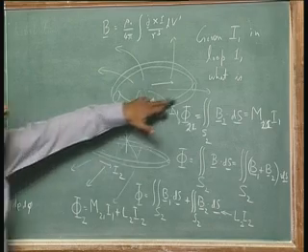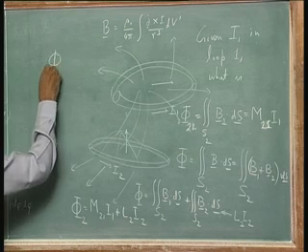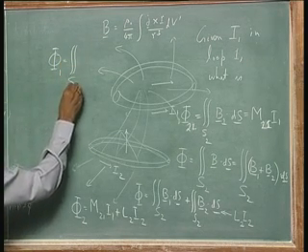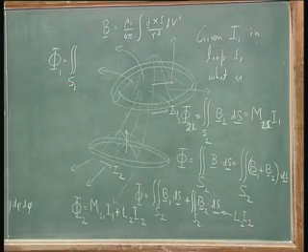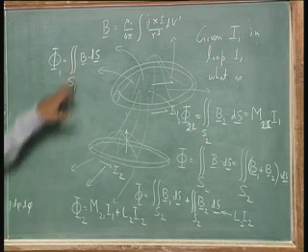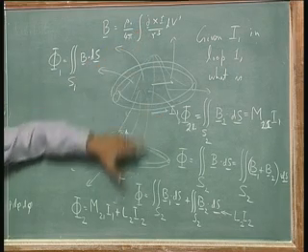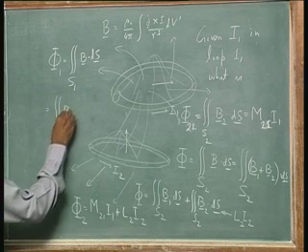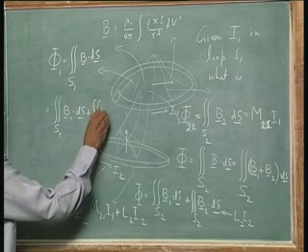Now, what is the situation with loop 1? Well, I can do the same thing. I can say the flux in loop 1 is equal to a surface integral over the surface of 1. So, I define a surface there, S1, B dot ds, but B again can be broken into two parts, the B due to I1 and the B due to I2. So, it will become surface integral S1 B1 dot ds plus surface integral S1 B2 dot ds.